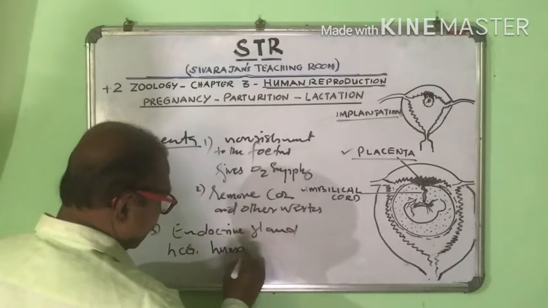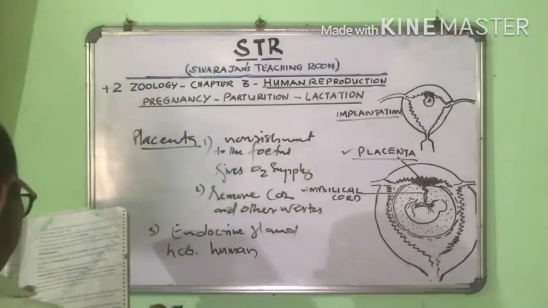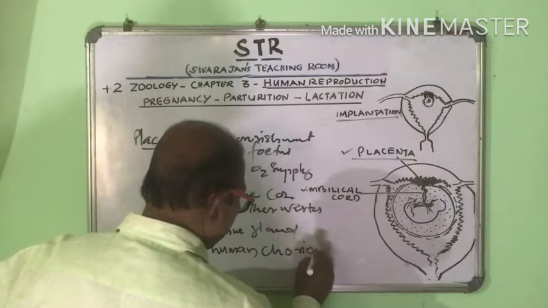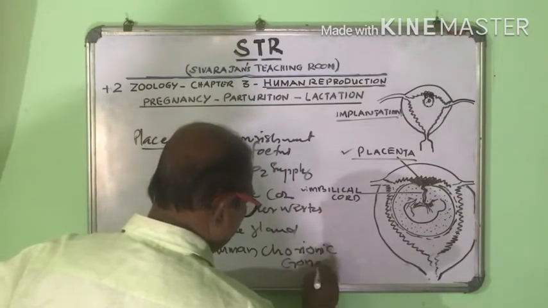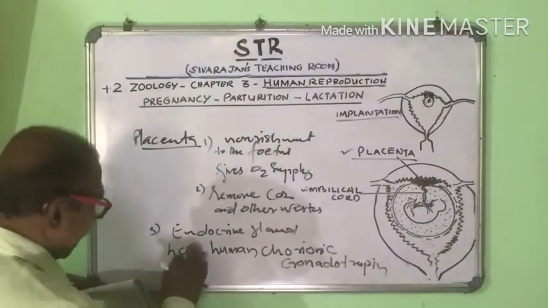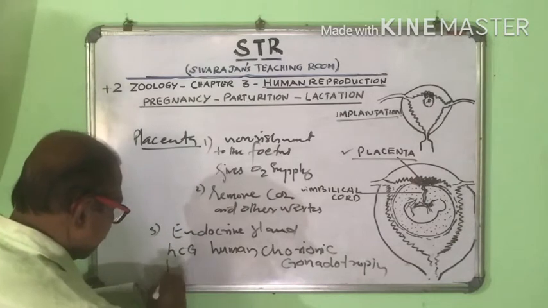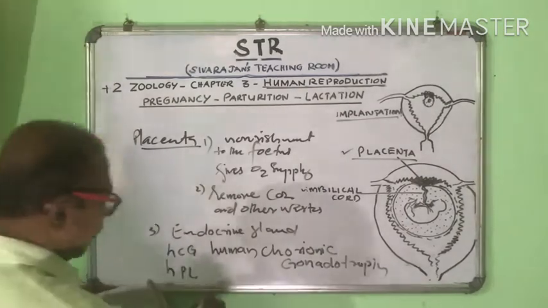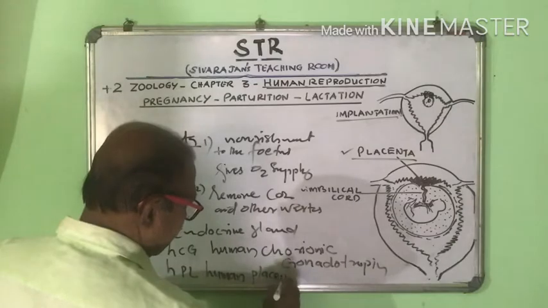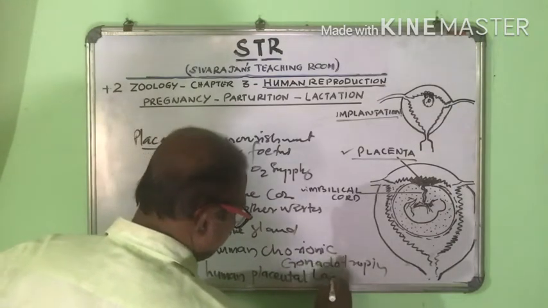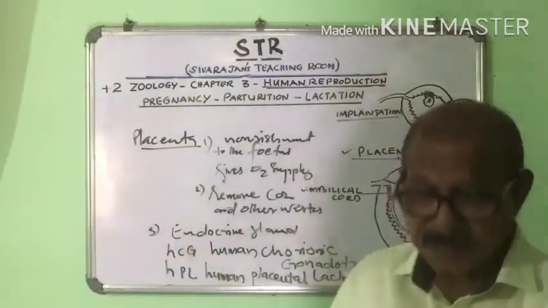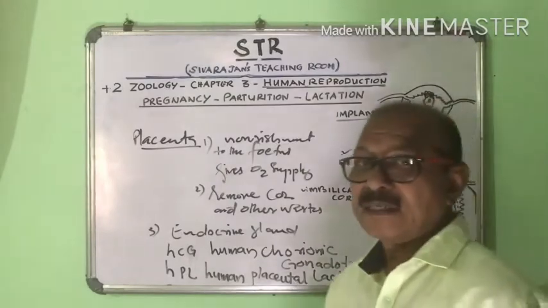Human chorionic gonadotropin. It produces HPL, human placental lactogen. It also produces estrogen, progesterone and relaxin.